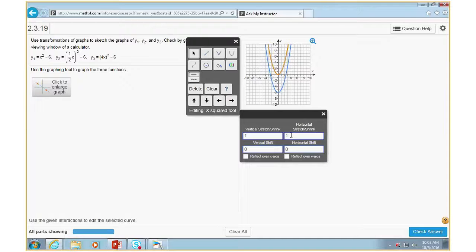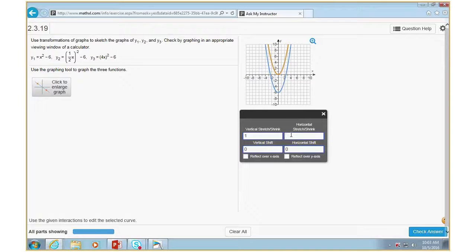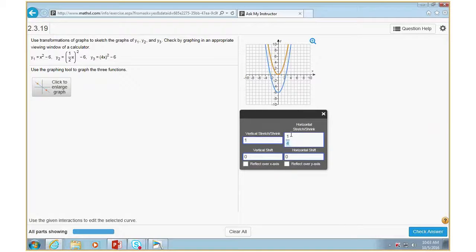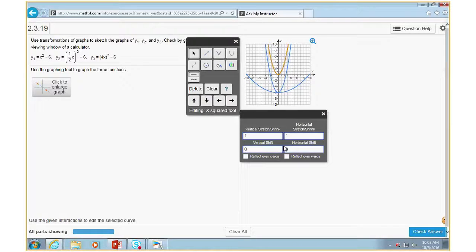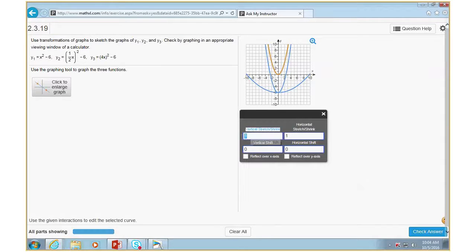So we'll put 1/4 here, and a -6 there. And then the next one is 16, and that's going to be a vertical stretch, right? It's going to make it skinny. And a vertical shift of -6.